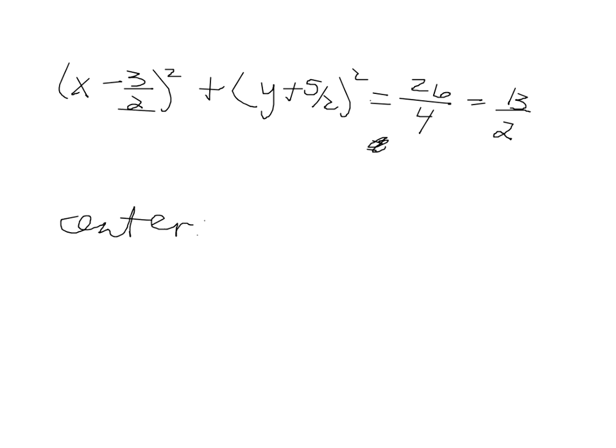All right, so my center is h, k, and we always change the sign: minus here, plus here, minus here. And my radius is the square root of 13/2. So that's completing the square to go from a circle in general form to a circle in standard form so that you can find the center and the radius.